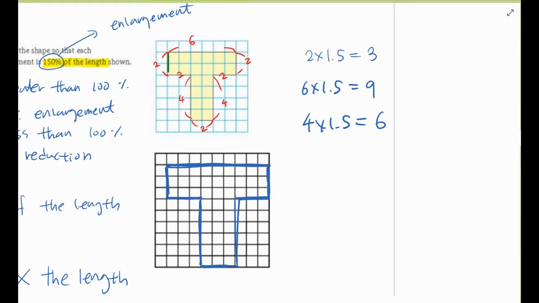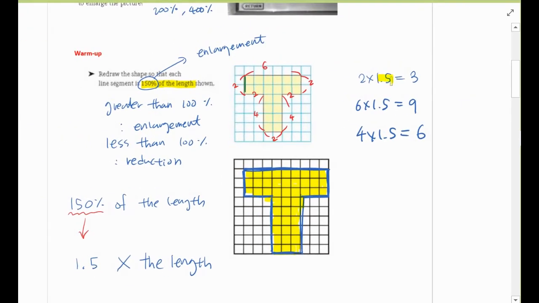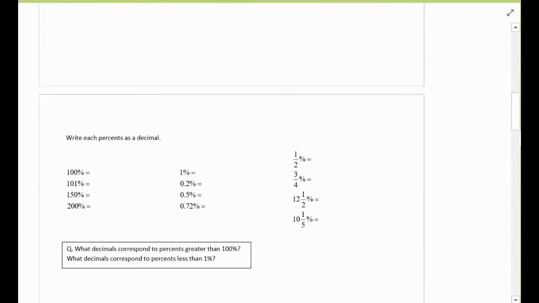So it becomes like this. Okay, so that's 150% enlargement. You can find each length by multiplying by 1.5. Make sense, everyone? All right, let's move on.